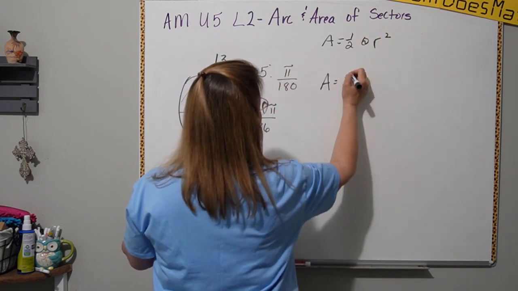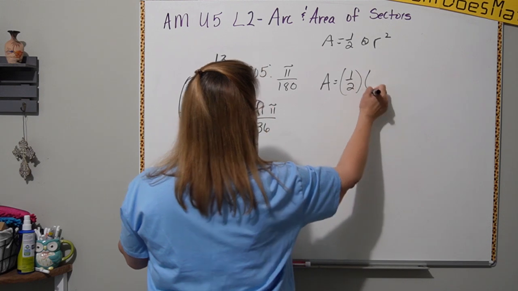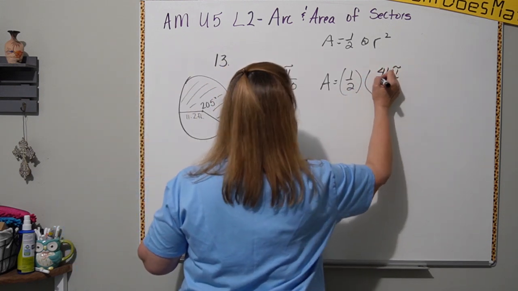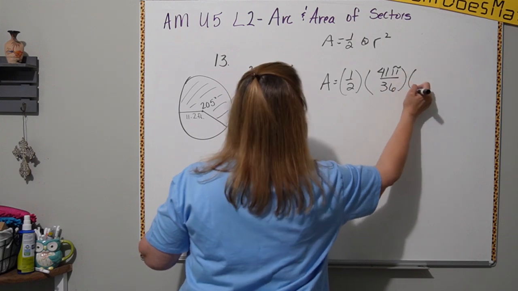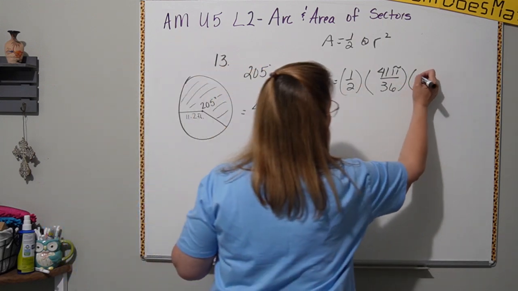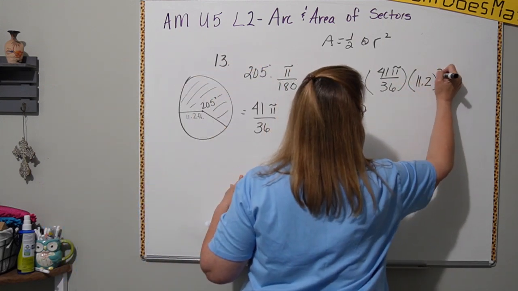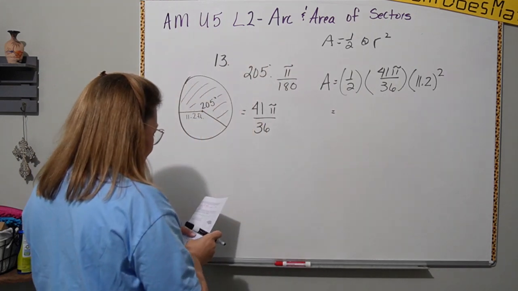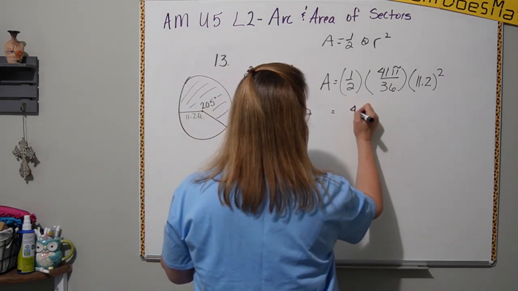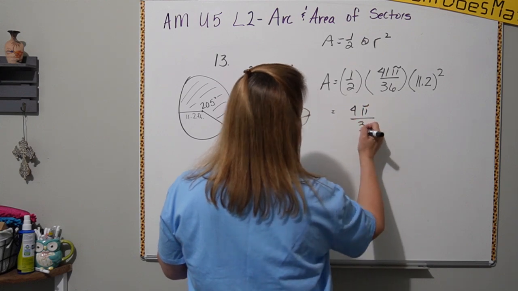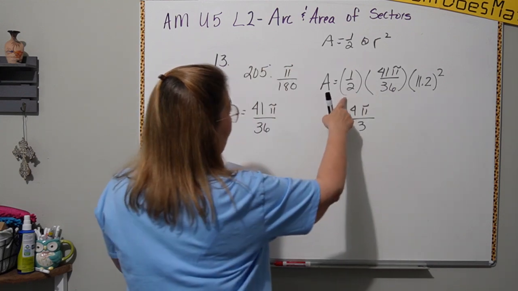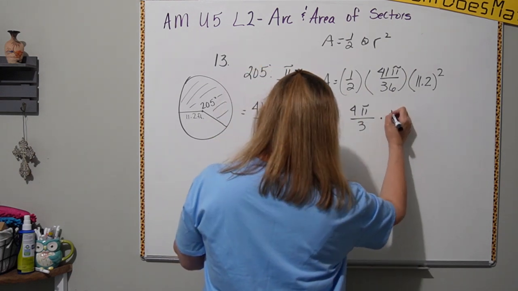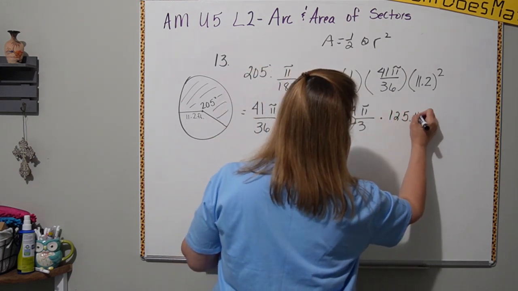This is going to be area is equal to 1/2 times theta, which is now 41 pi over 36, times my radius squared, which is 11.2 squared. When you do all the math on that, you're going to have 41 pi over 36. If you just go ahead and multiply 1/2 times 11.2 squared, that's going to get you 125.44.